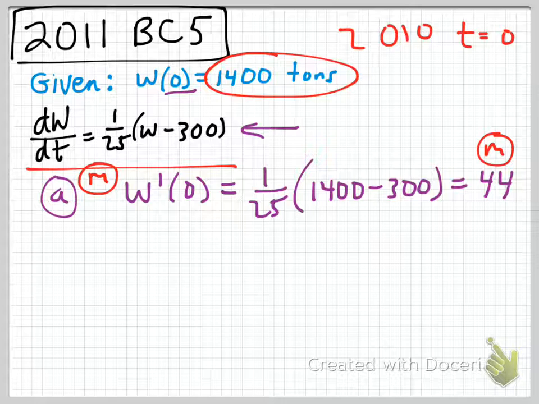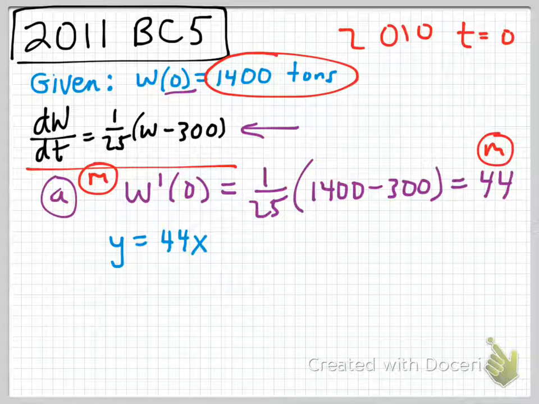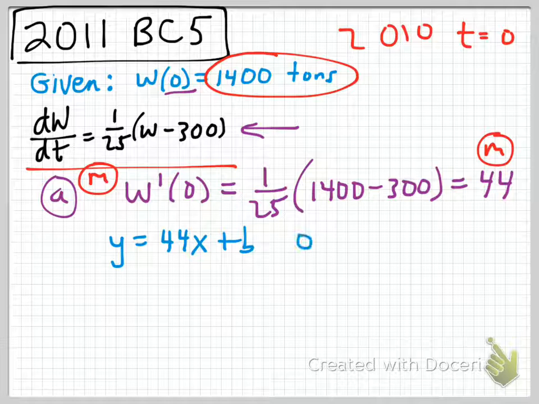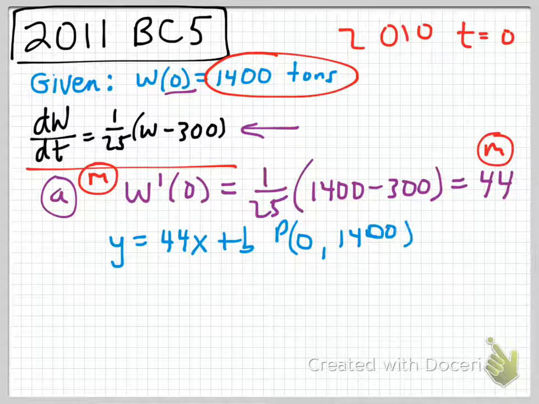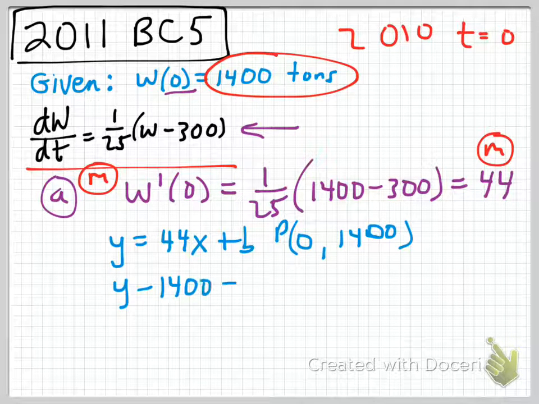And then we need a point, and so let's just say this is y as a function of x, so it's easier for me to see it that way. So y equals the slope, which is 44, times x plus b, and we need the point, at time t equals 0, the W is 1,400, and so we just plug in y minus y1 equals slope, which is 44, times x minus x1.